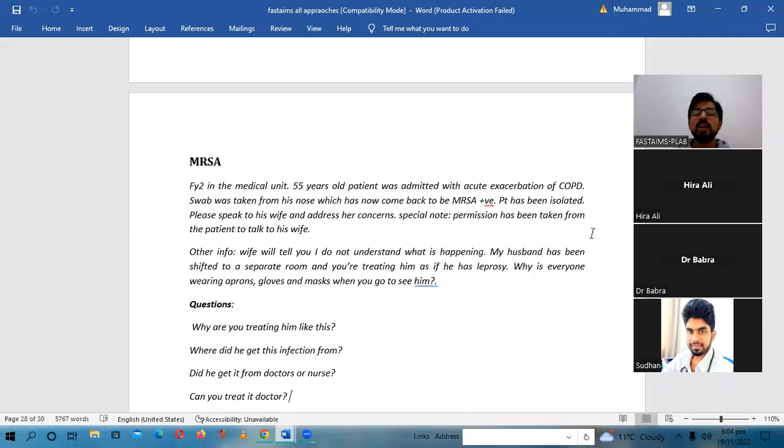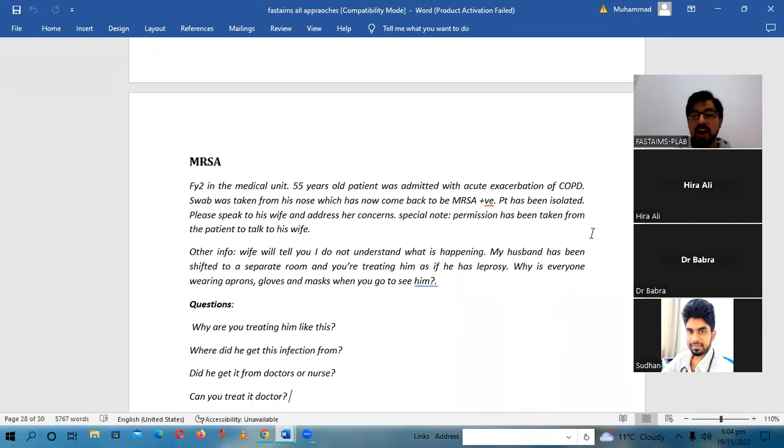So you have to explain that, okay, at the moment, he does not have any infection. He is just having this bug in his nose, on the lining of his nose, which means he has only MRSA colonization. And one in three people have this bug in their nose. It is not something to be worried about, but MRSA can be transmitted from one person to another.